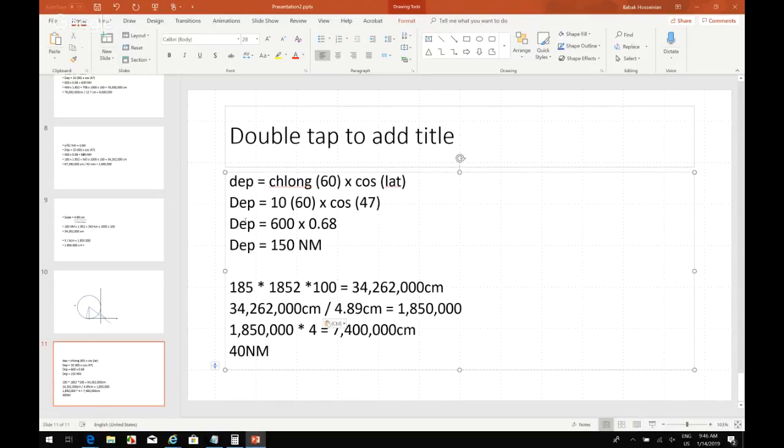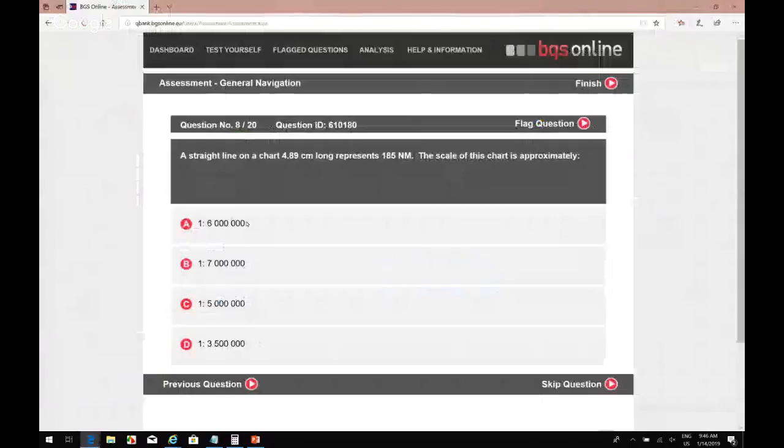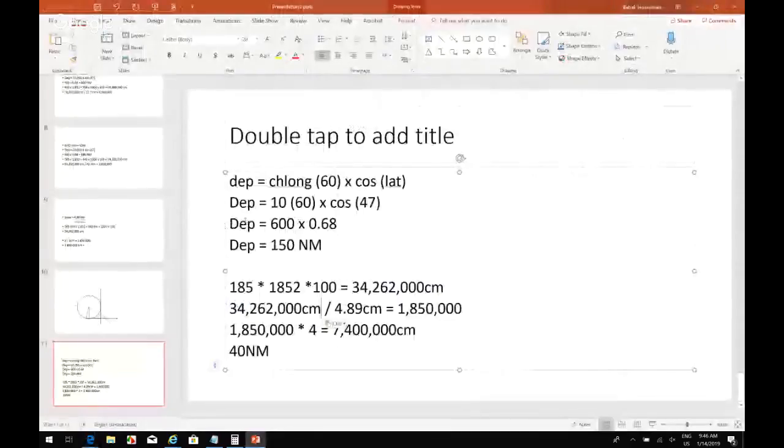So we're going to divide that by 4.89. That's 70 million. Sorry, 7 million. Hold on a second.